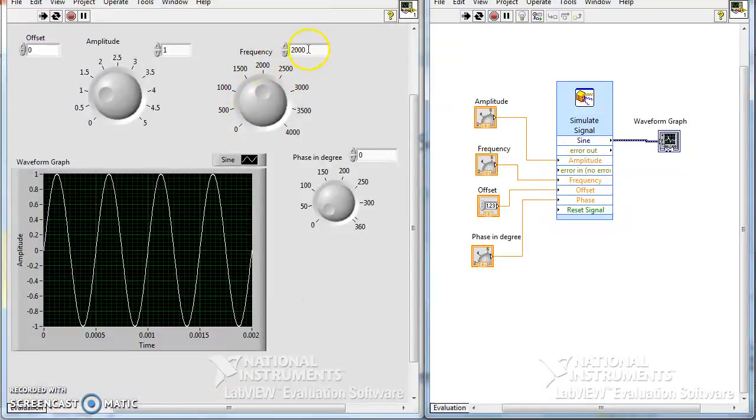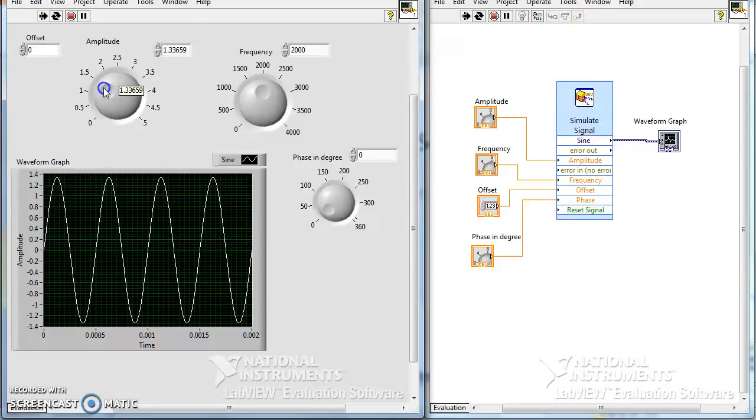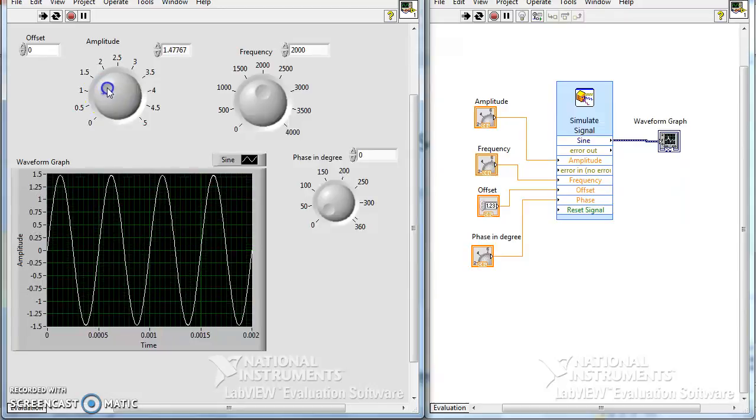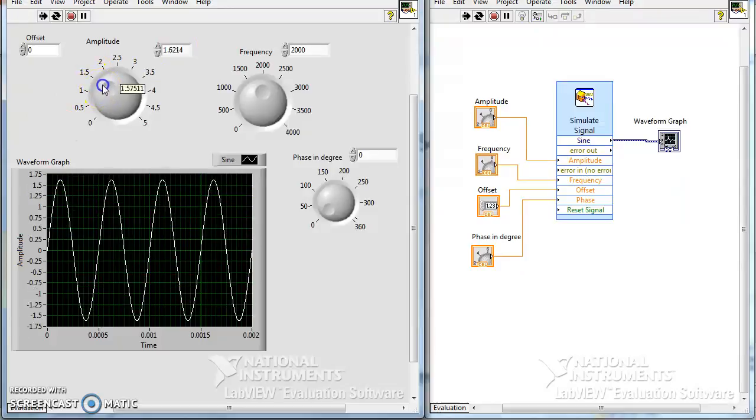I have a frequency of 2000 Hertz. I want to see 4 cycles, where the time comes to be around 2 milliseconds. The amplitude is 1 volt. You can just vary the amplitude and see it with the adjustment of the scale. I have given auto scale on the y-axis, so as I vary the amplitude, the axis gets adjusted, or auto scaled.